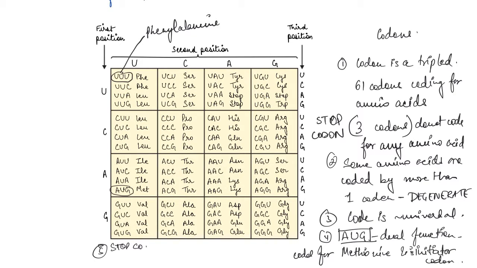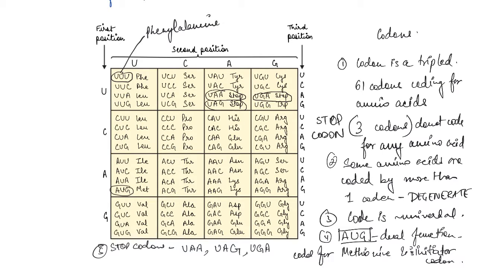What are the three stop codons? The three stop codons are UAA, UAG, and UGA. So here you see this is the first, UAA, this is the second, UAG, and UGA.